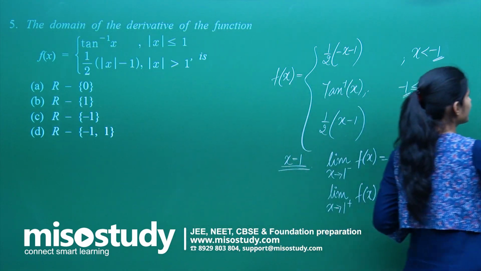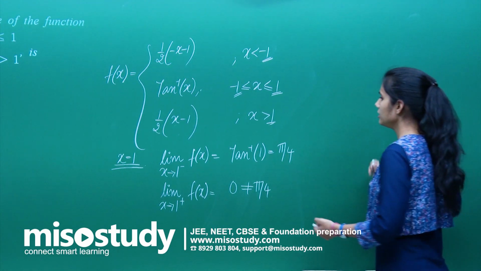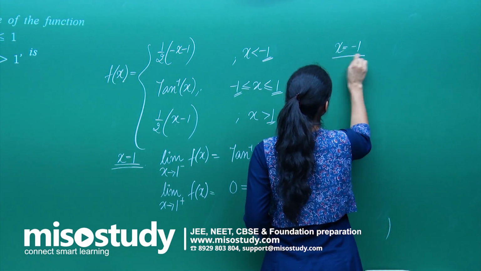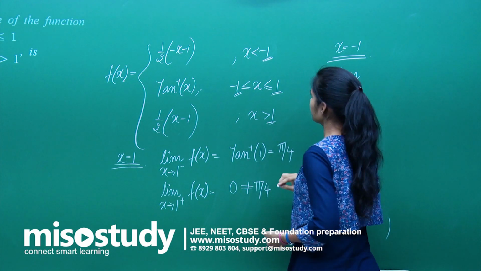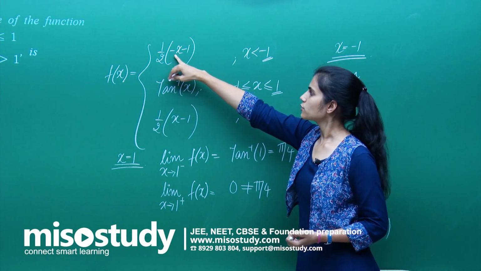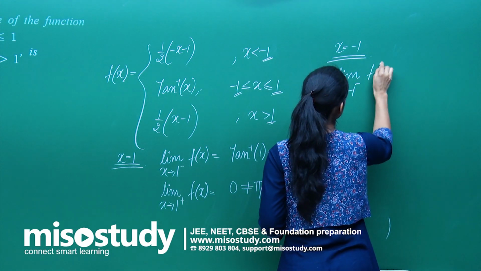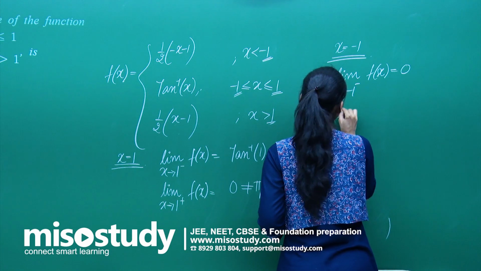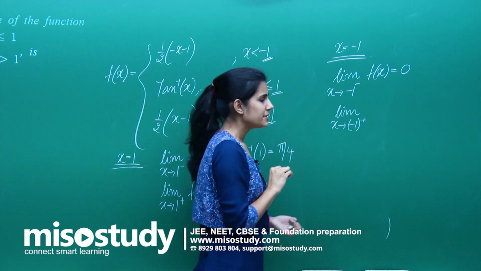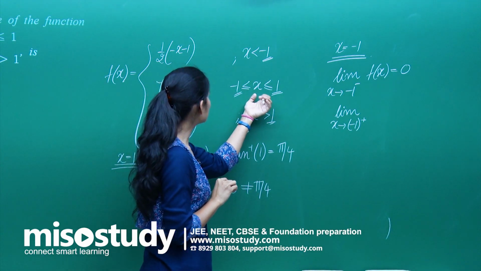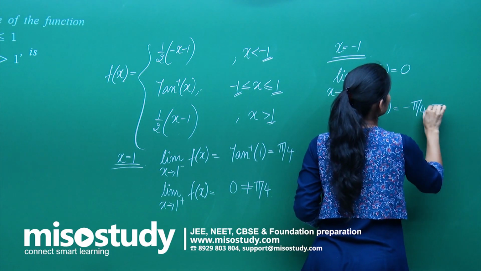Similarly, if I talk about the next interesting point in the situation, which is minus 1: limit x tends to minus 1 from the negative side is going to make it 1 by 2 (minus 1 minus 1), which is 0. And limit x tends to minus 1 from the positive side is going to give you tan inverse minus 1, which is minus pi by 4, clearly not equal to 0.